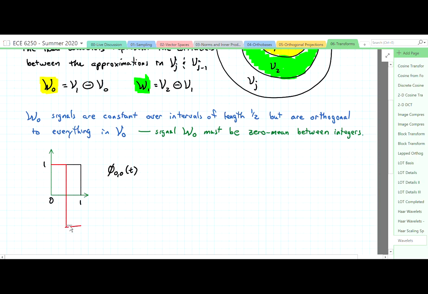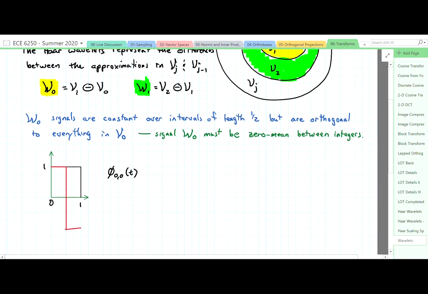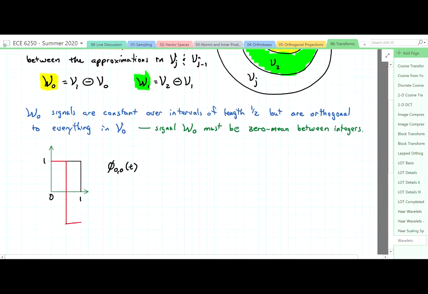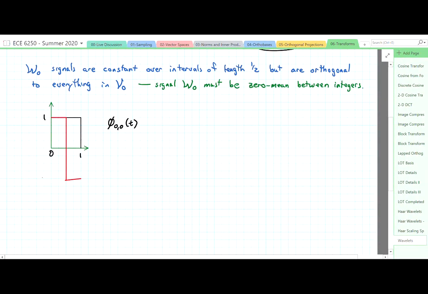Okay, it's not perfect, but this now ranges down to -1, and we're going to call this function ψ(t), which is equal to 1 from 0 up to 1/2, -1 from 1/2 to 1, and 0 otherwise.